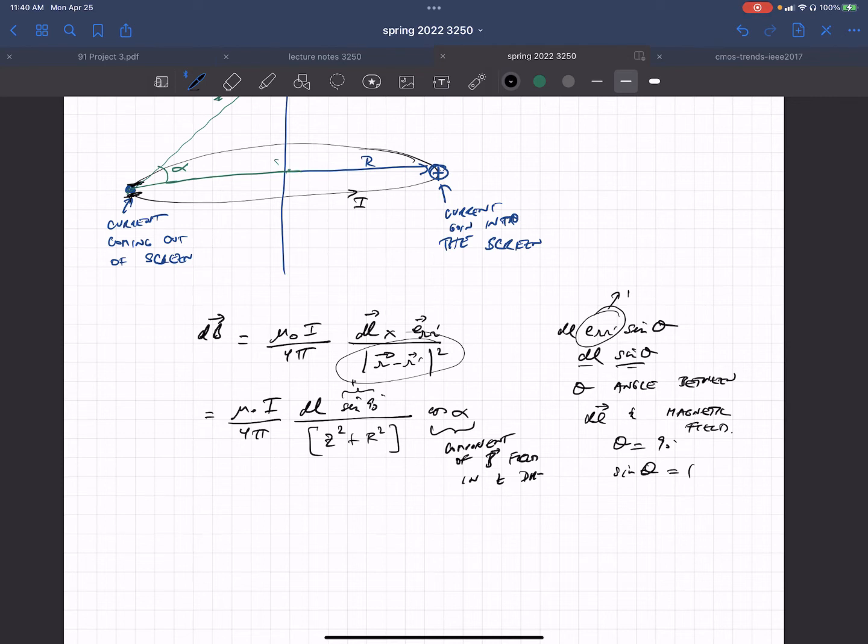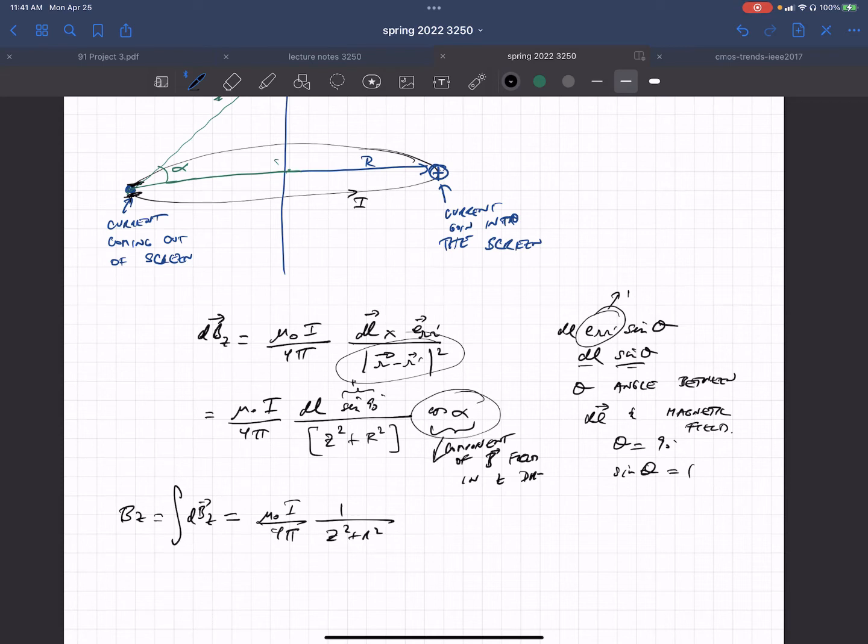All right, so this is going to be mu naught I. So if you want to integrate, let me just get the value, and we know it's pointed in the z direction. So the integral is mu naught over 4 pi, over z squared plus r squared, times this cos of alpha.